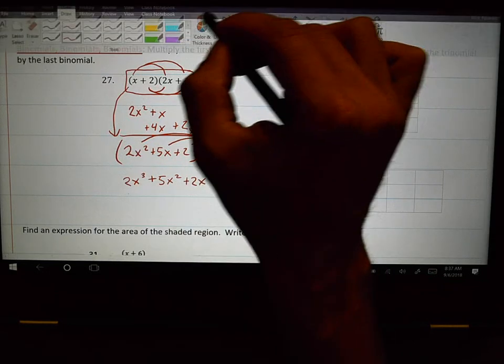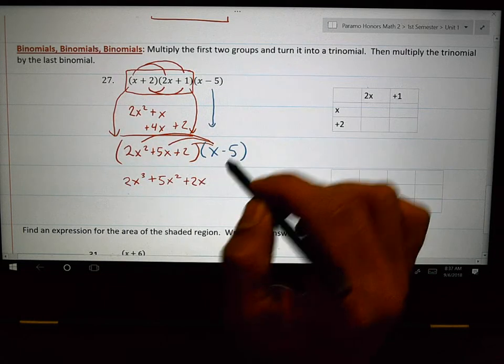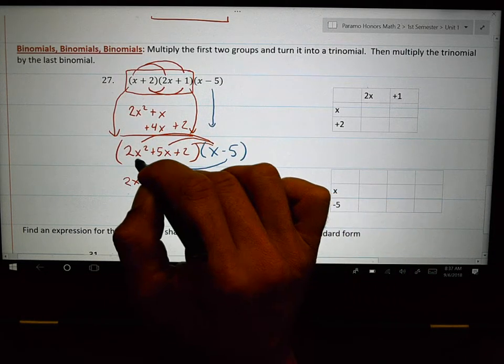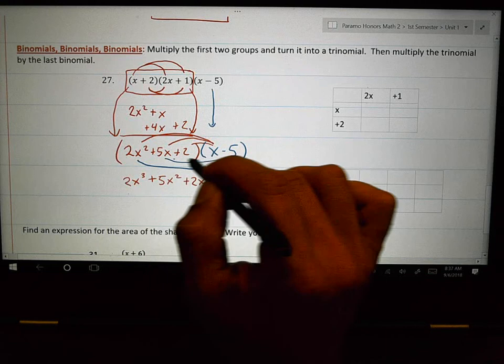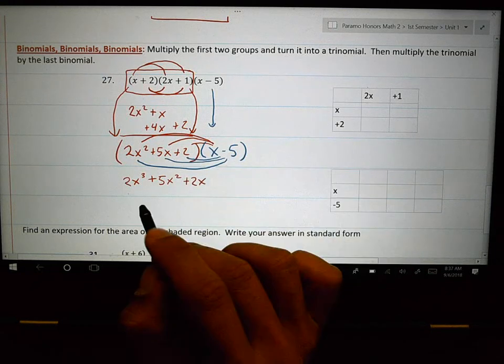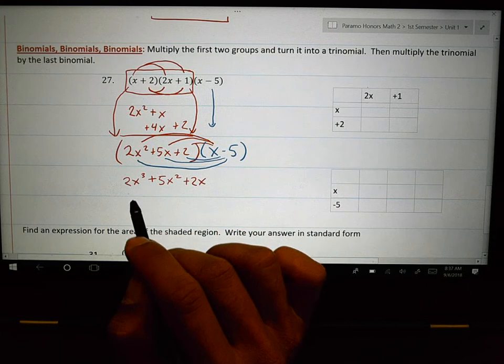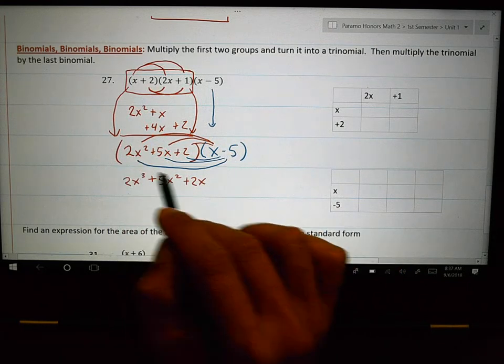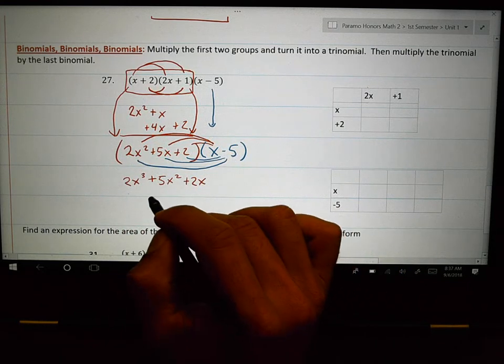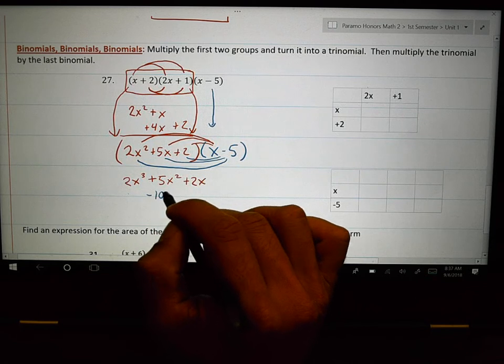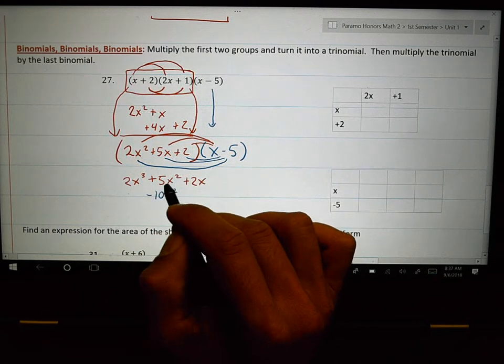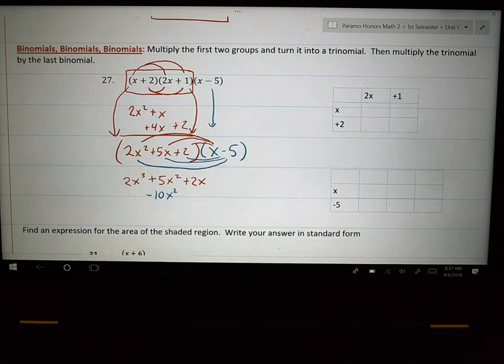Now I'm going to switch over to blue. This minus 5, think of it as a negative 5, is going to multiply to all 3 as well. Negative 5 times the 2x squared is what? Say it out loud. And I'm going to write that negative 10x squared underneath the x squared. That will save me a step when I'm combining them.